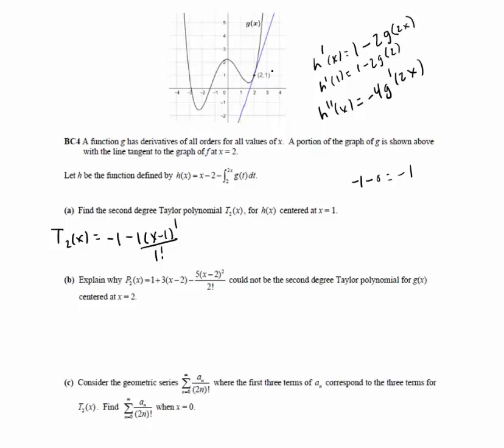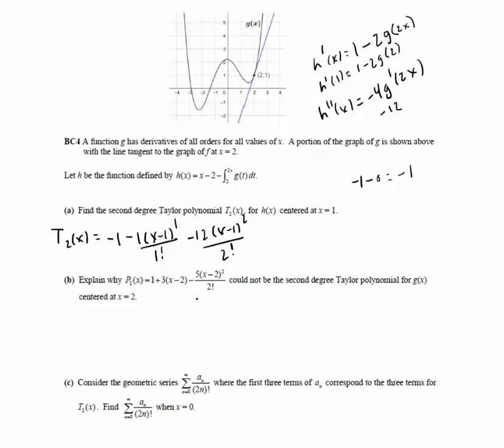So looks like if I pick this point here and maybe this point here, the slope of the line is up 1, 2, 3, and 1 to the right. So that's positive 3. Times negative 4 gives me negative 12. So it's the second derivative, negative 12, x minus 1 to the second power over 2 factorial.